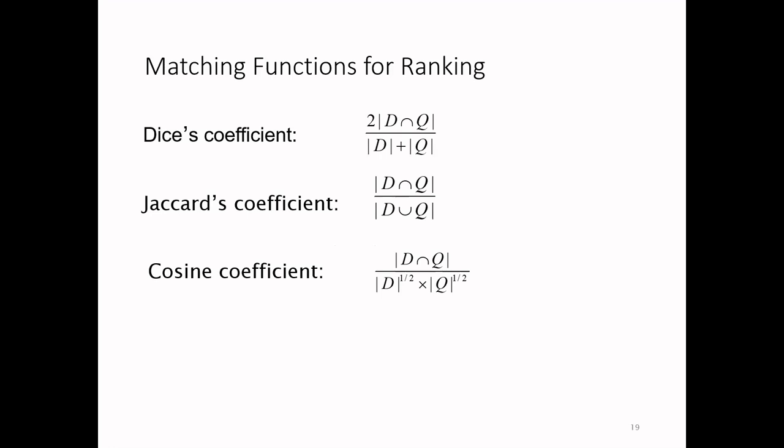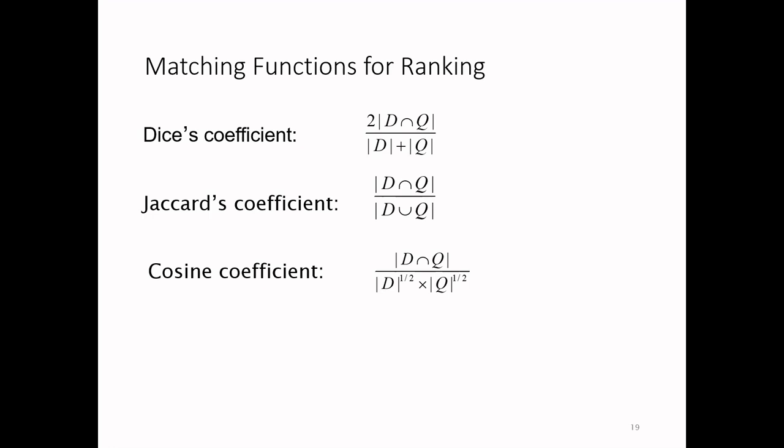Now, in many cases, instead of using the Boolean operation to come out with true or false or how many terms are matching, it's very common to use some other functions for matching. If you look at these functions, they should be familiar to you. Remember, we talked about Jaccard coefficient.